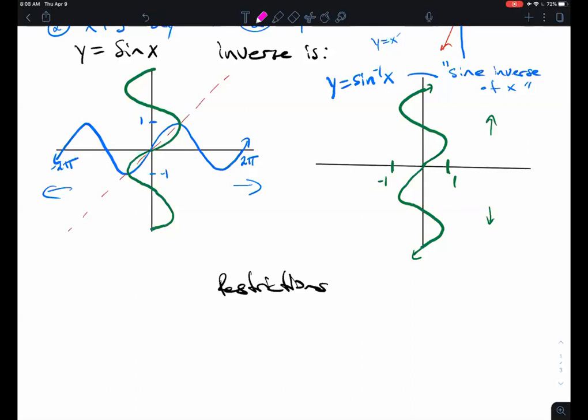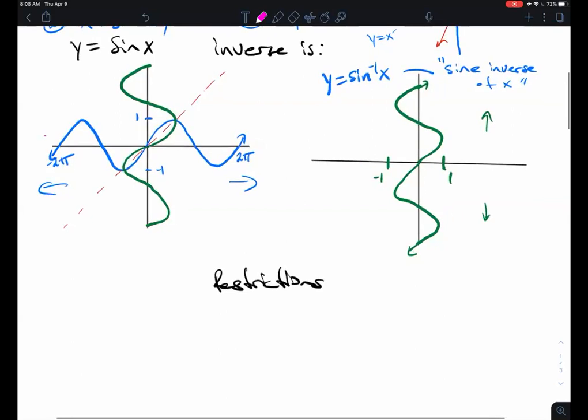A vertical line is the equation x equals some number. Over here, it's because the original function does not pass the horizontal line test. Because it does not pass the horizontal line test, we know that its inverse is not going to pass the vertical line test. Does that seem to resonate? If the original function doesn't pass this, the inverse function is not going to pass that. Okay.